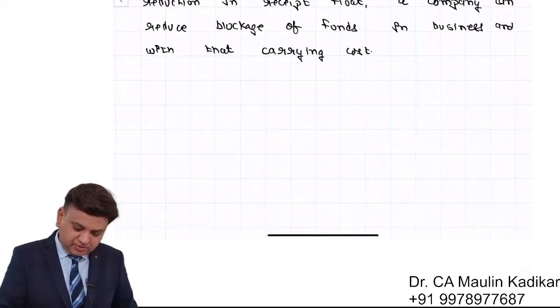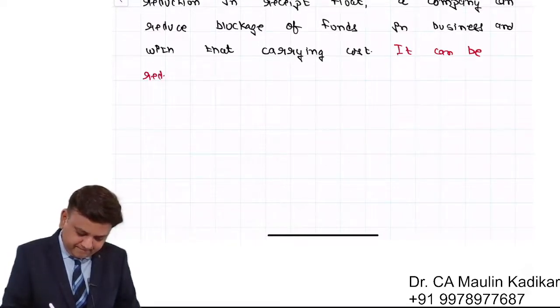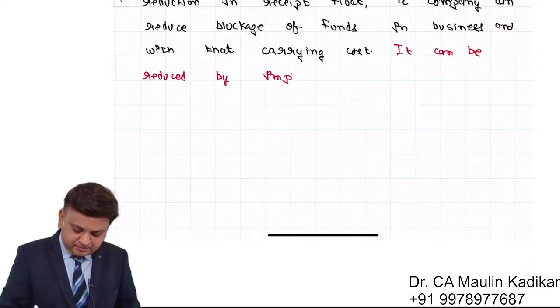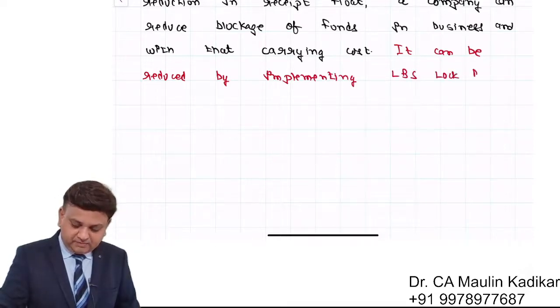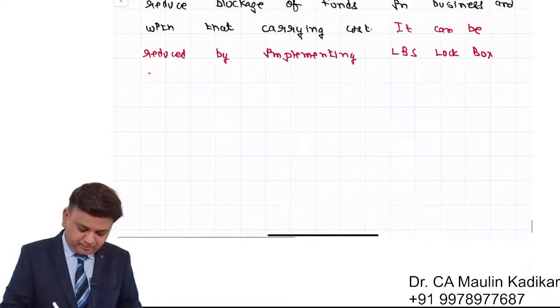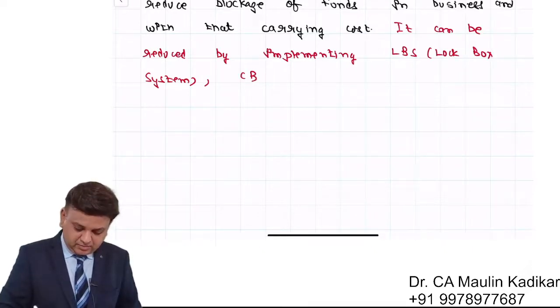It can be reduced by implementing LBS, lockbox system, comma, CB, concentration banking.